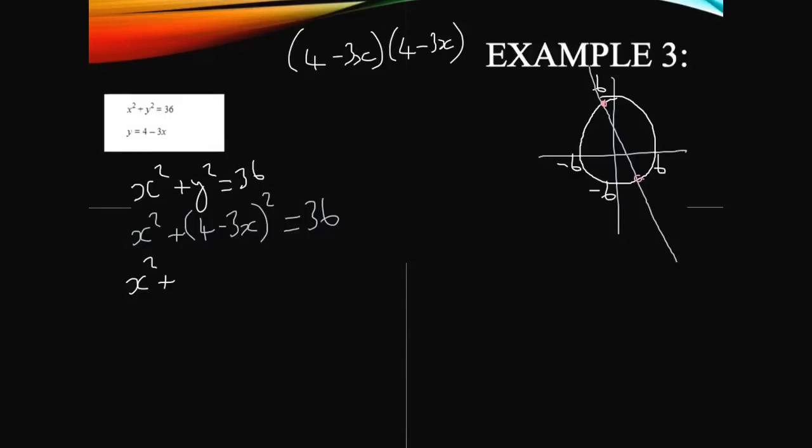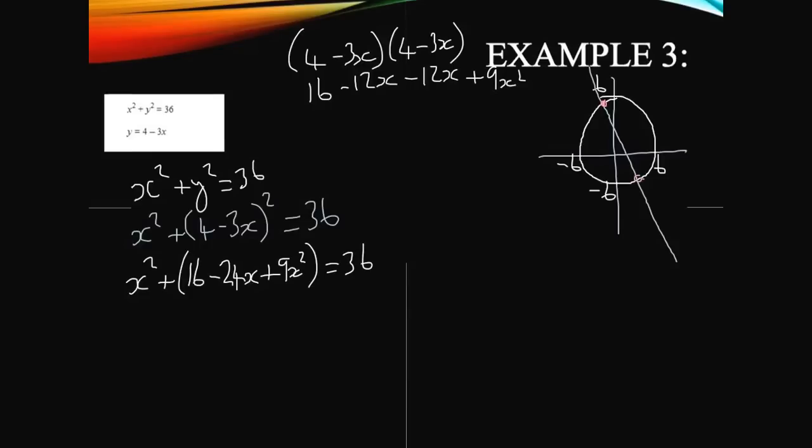So that's going to give me, first pair 16, minus 12x minus another 12x plus 9x squared. So that's going to be plus, and again I'm going to keep this in brackets just for the time being, (16 minus 24x plus 9x squared) equals 36.